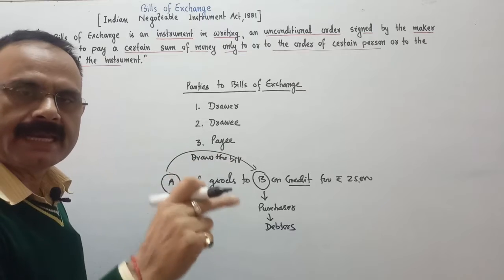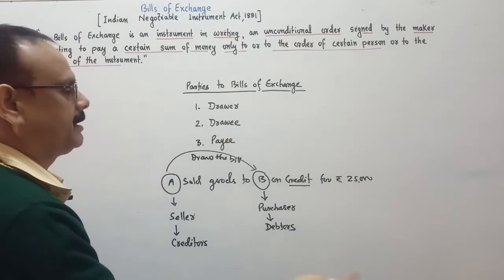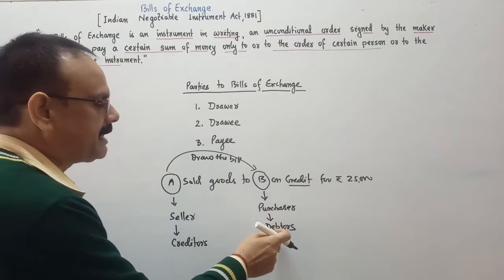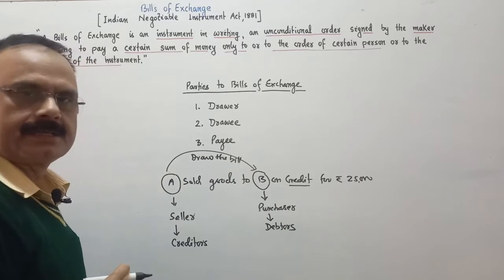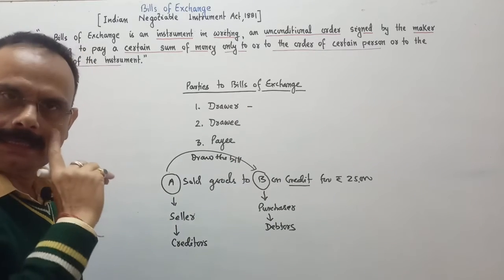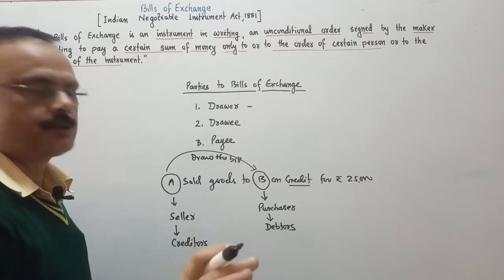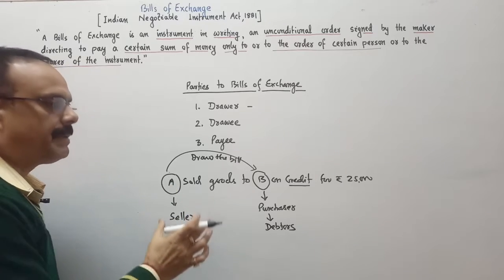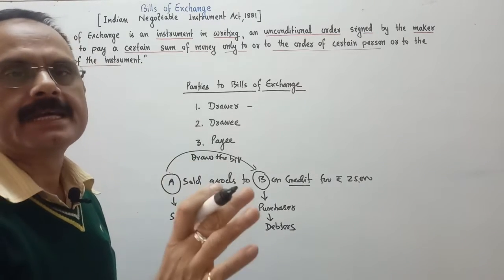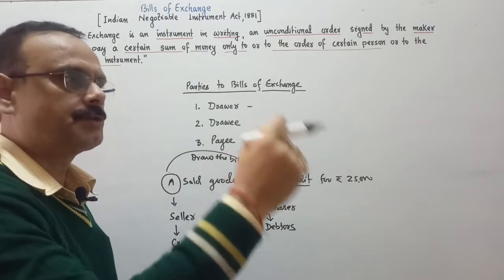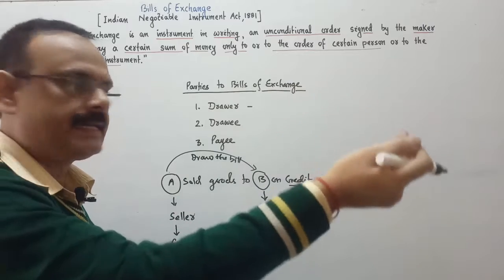That bill must be accepted by the purchaser. B is who? B is the purchaser, or you can say B is the debtor. So the person who draws the bill is the drawer. So the bill is drawn by the seller, or you can say by the creditor, over the debtor. The bill is drawn by the creditor on the debtor.